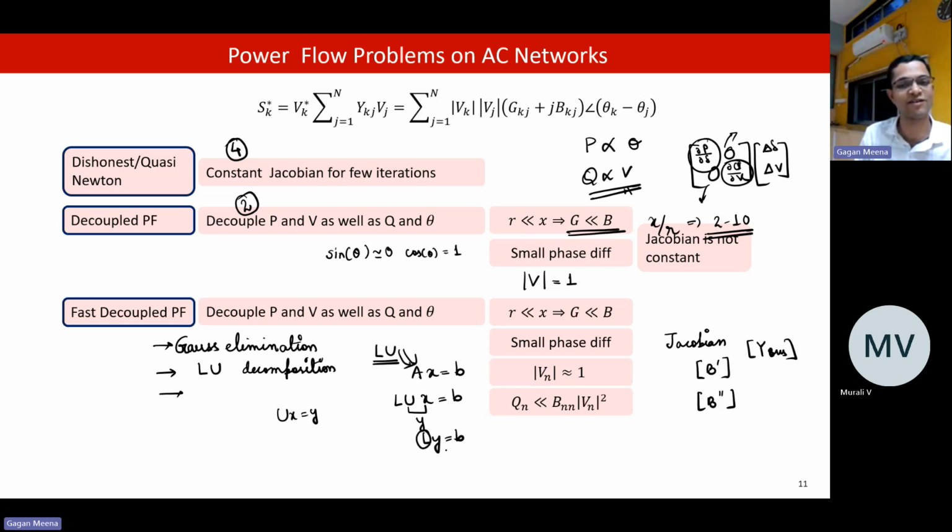We can directly calculate Y by forward substitution. And here U is an upper triangular matrix, and because Y is known from here, we can calculate X using backward substitution. So once LU factors are known, we can easily calculate X.